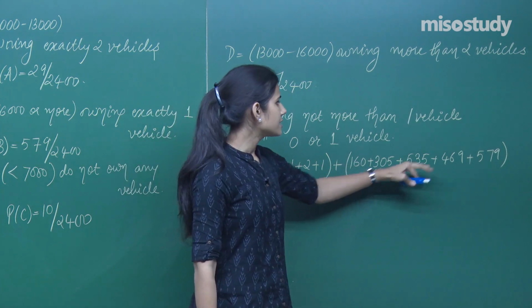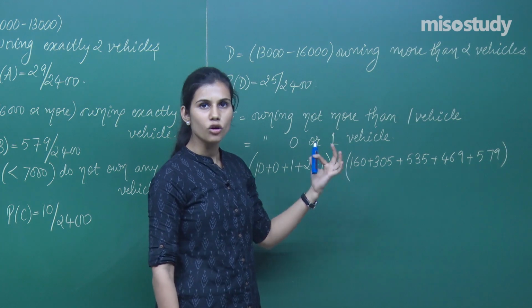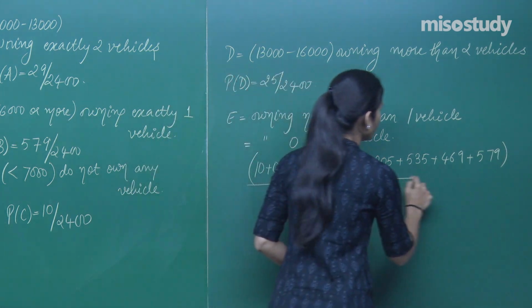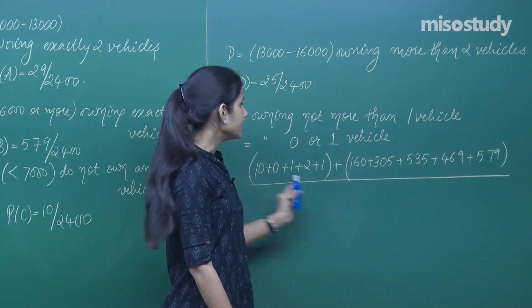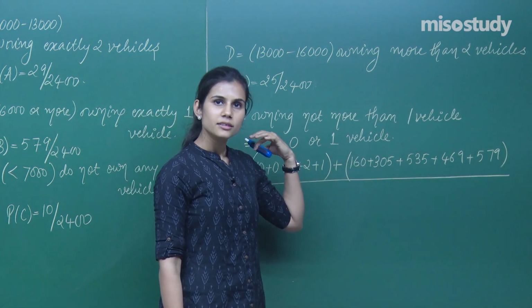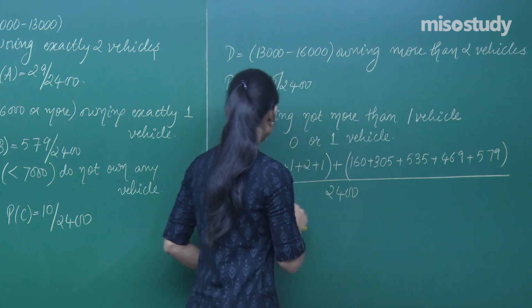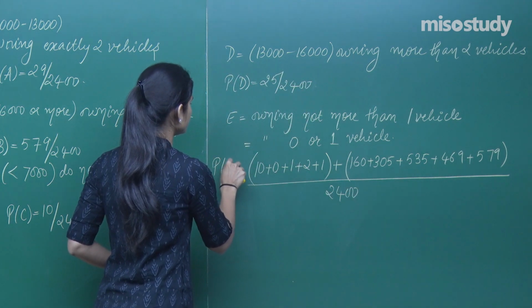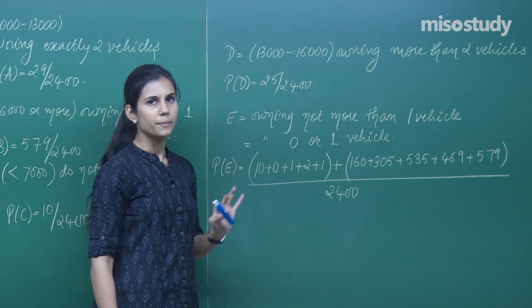So, this total is the number of families having either 0 vehicle or 1 vehicle, out of 2,400. You can evaluate this number very easily. These are the total number of families having not more than 1 vehicle out of 2,400, and so this happens to be the probability of A. Of course, you can add this number, divide by 2,400, and you get the probability.